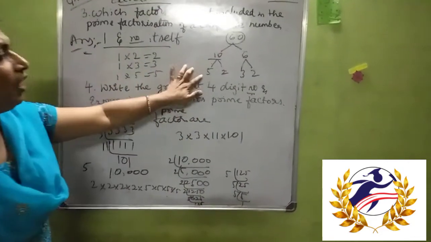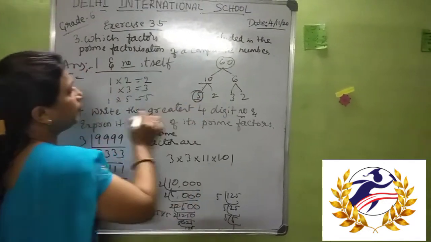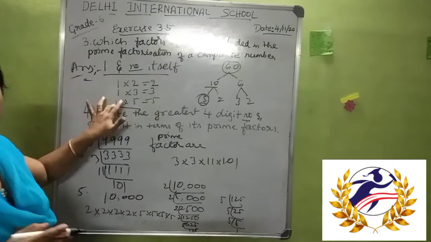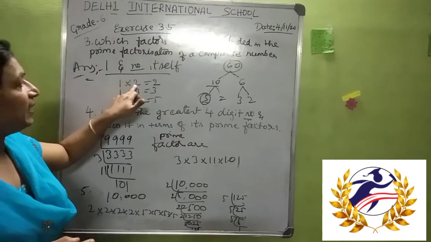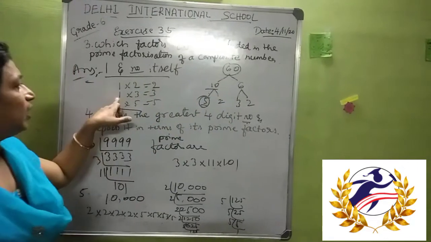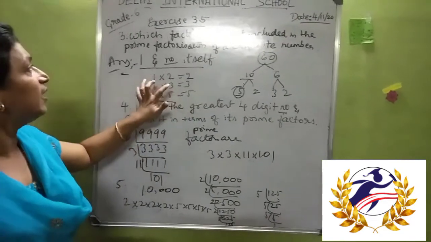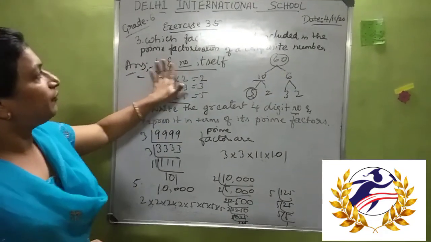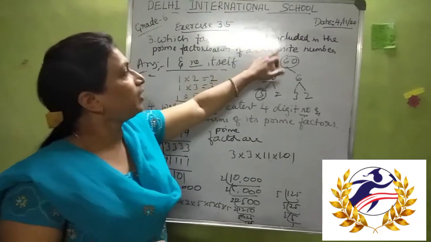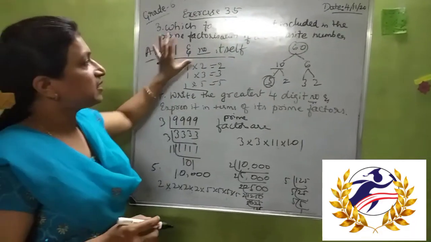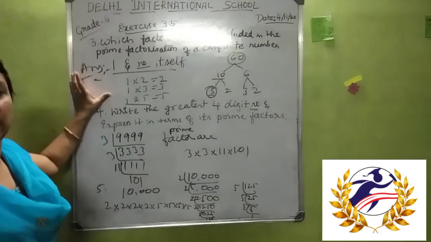Ultimately I got 5, which has factors 1 and the number itself; 2 has factors 1 and the number itself; 3 has factors 1 and the number itself. So 1 and the number itself are not included in the prime factorization of a composite number. Did you get the answer?